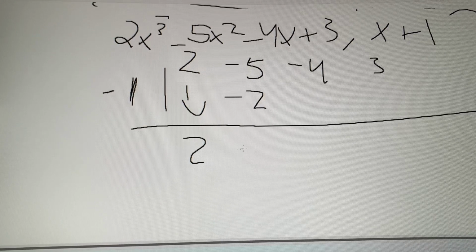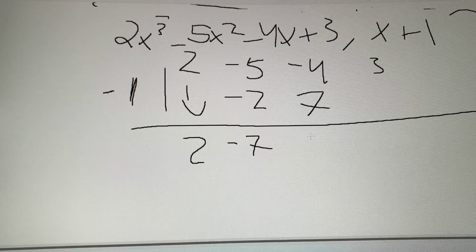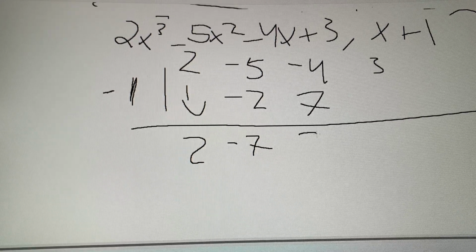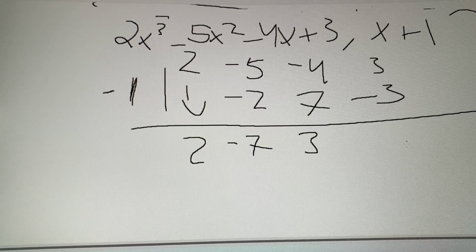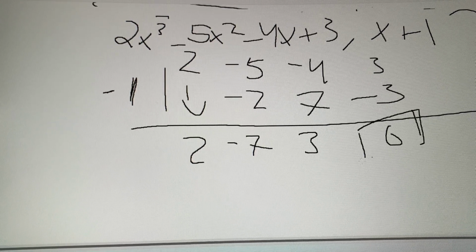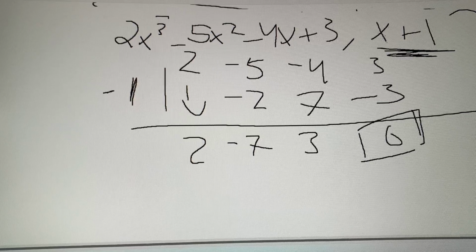Negative 5 plus negative 2 is negative 7. Negative 7 times negative 1, 7. Negative 4 plus 7, you're going to get 3. 3 times negative 1, you're getting negative 3. Therefore, we have a remainder of 0, meaning that x plus 1 is a factor of this given polynomial.